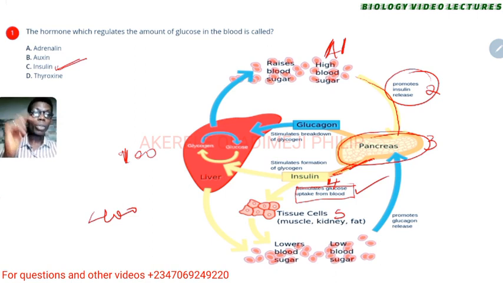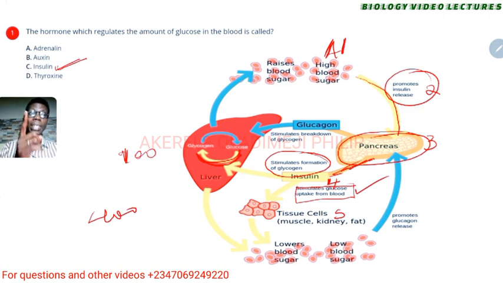Number 1. Number 2 is that glucose is also being turned to glycogen in the liver. As a matter of fact, this is one of the major things that happen really. So in case you want to ask yourself, how will insulin reduce sugar level in the blood?